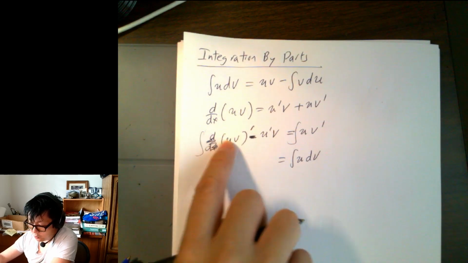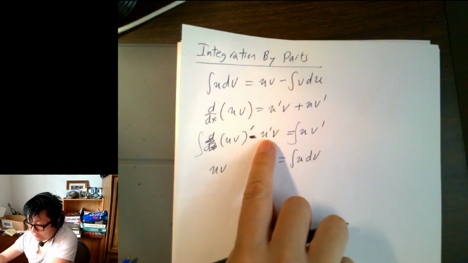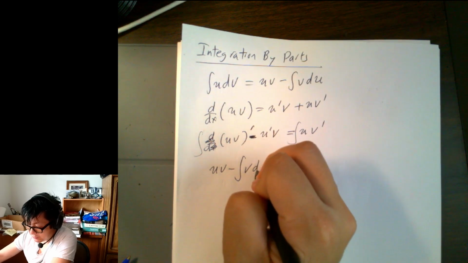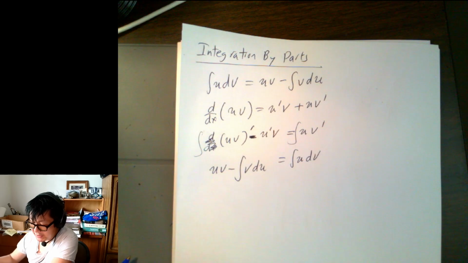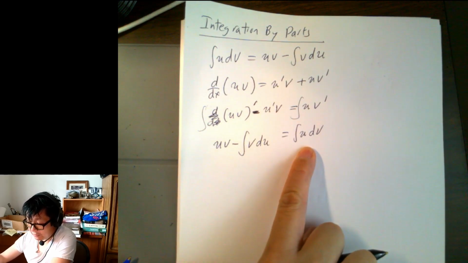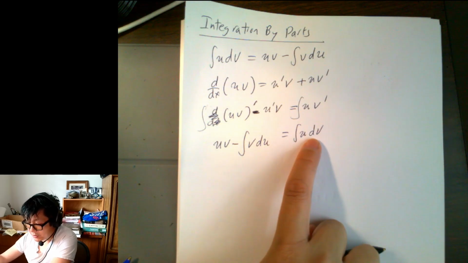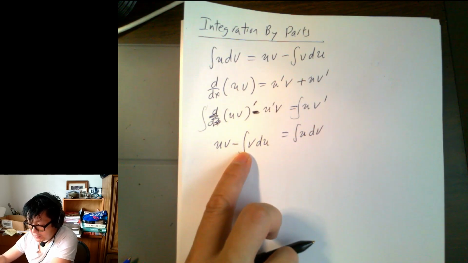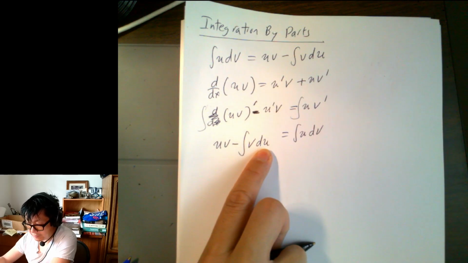Integrating this will undo the derivative of this, so I have basically uv here, and when I integrate this, I'll have v times du here, because again, when I integrate and multiply by dx, the dx's are going to cancel. And so I basically have the formula for integration by parts. The integration of one function times the derivative of another is equal to both functions minus the integral of the other function times the derivative of the first function.